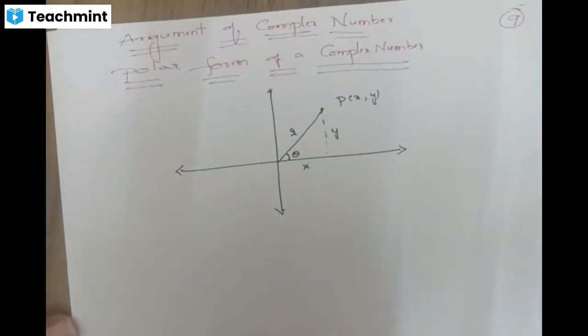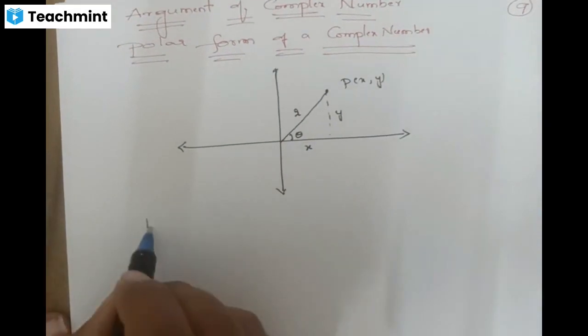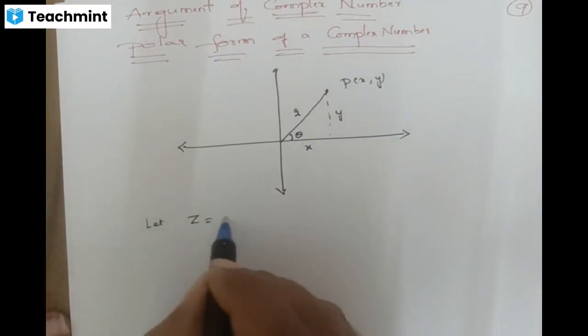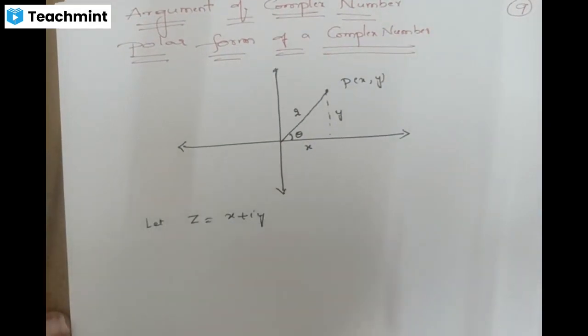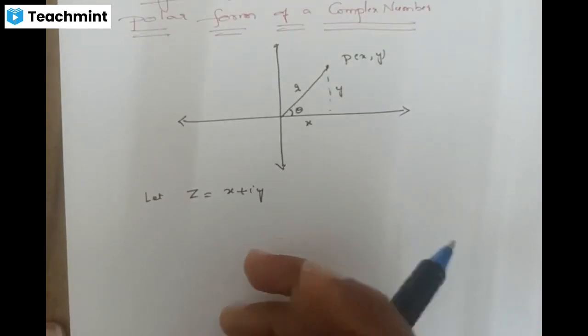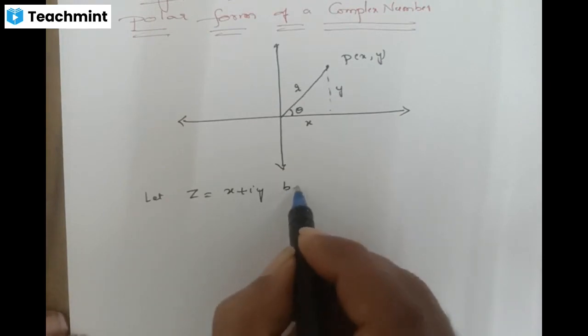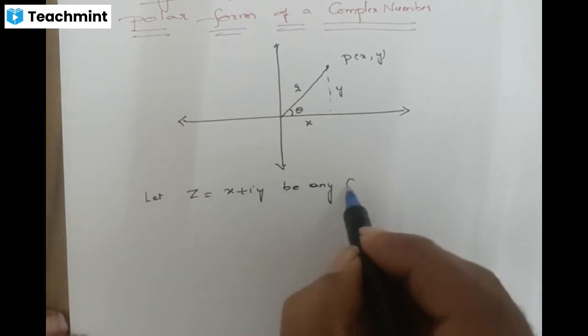That angle we call an argument. Let Z be the complex number X plus I Y, in terms of ordered pair X comma Y.